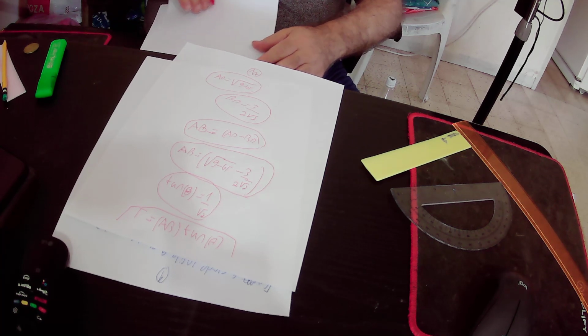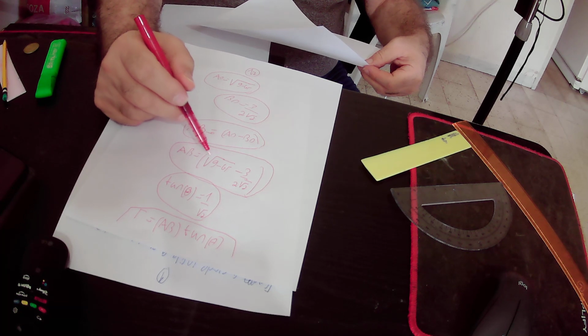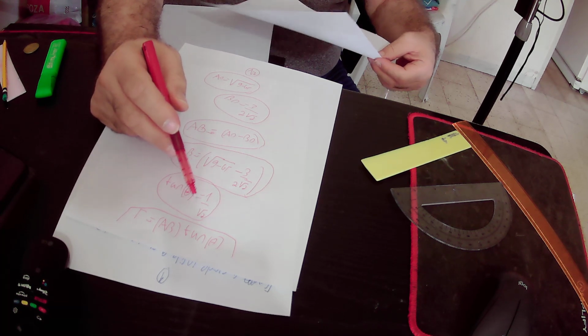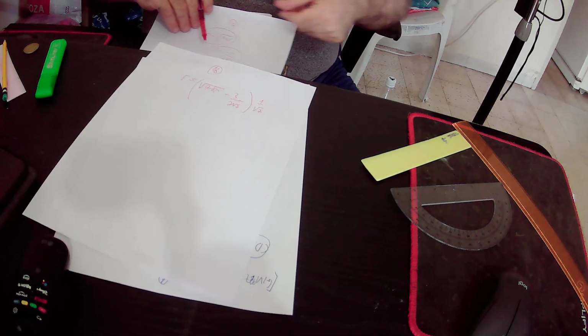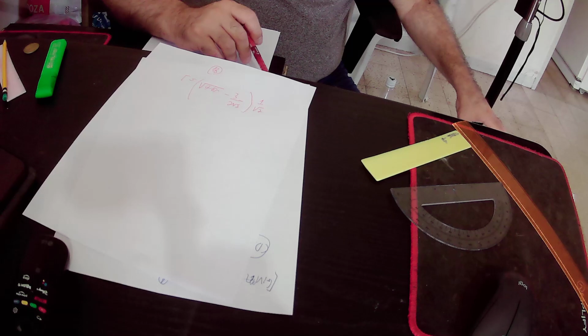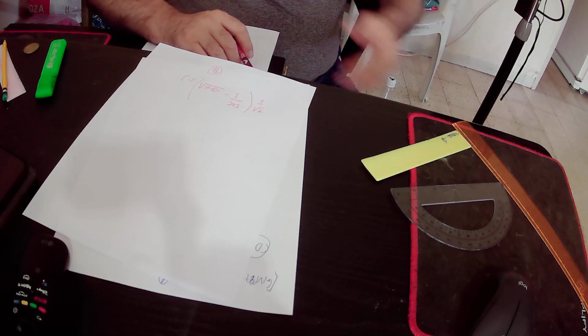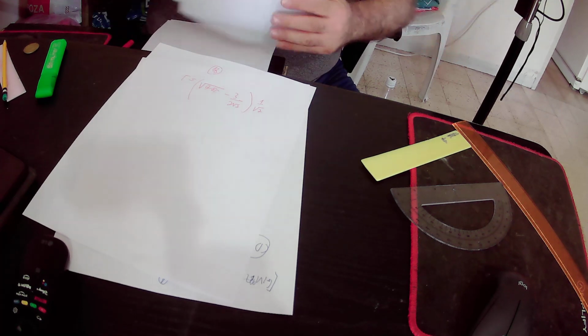So I substituted AB by this expression and tangent theta by 1 over root 2, and we got that r equals this expression. Here we can multiply this equality by root 2.